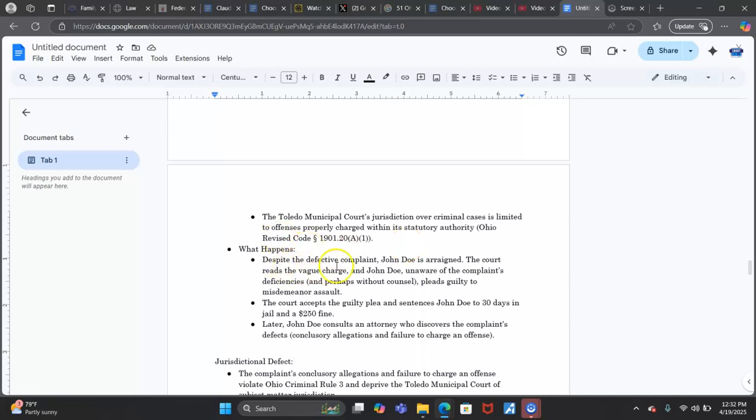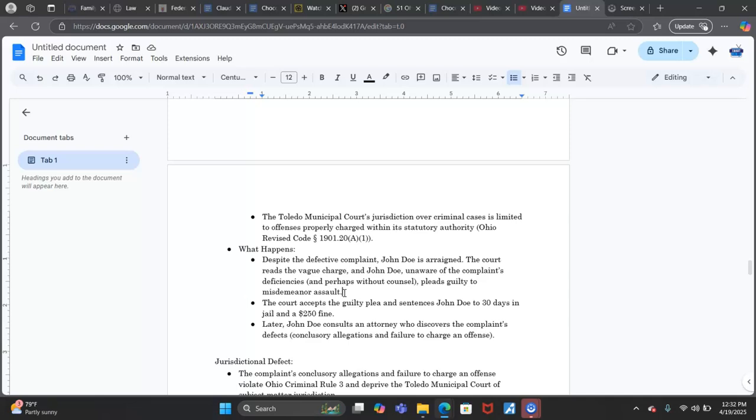What happened? Despite the defective complaint, John Doe is arraigned. This is just another scenario. The court reads the vague charge, and John Doe, unaware of the complaint's deficiencies and perhaps without counsel, pleads guilty to the misdemeanor. He shouldn't even have been arraigned because the state failed to properly invoke the jurisdiction.